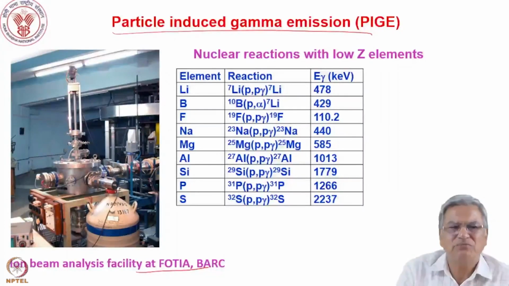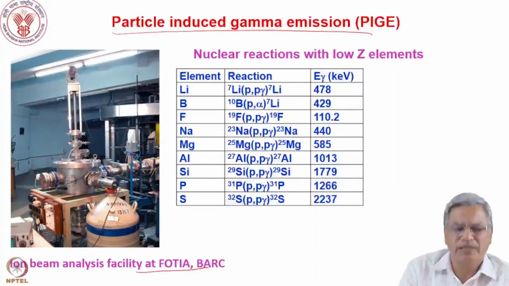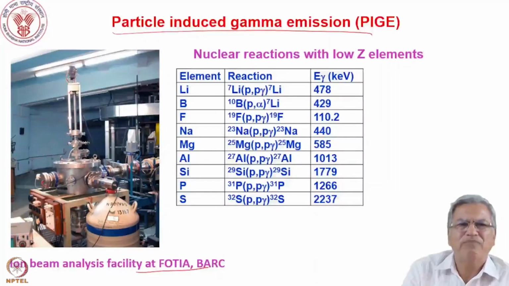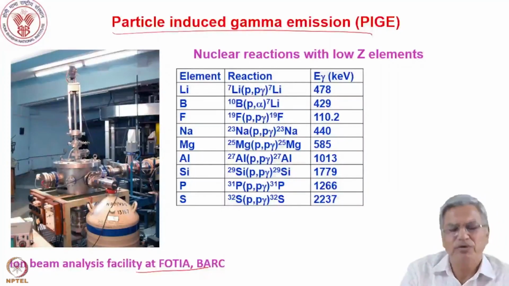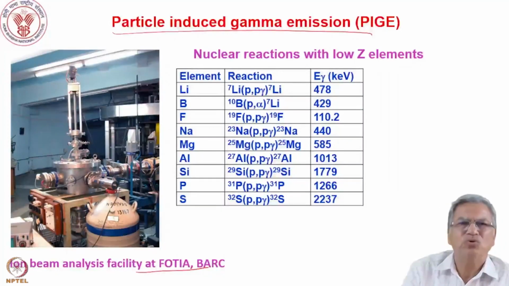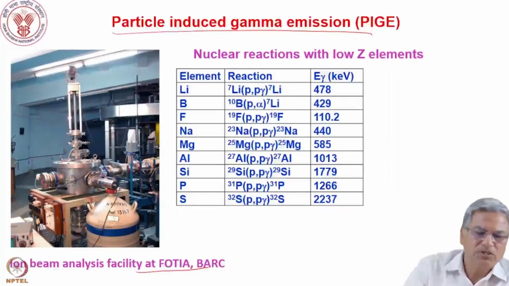It is a 6 million volt terminal tandem accelerator, so you can have 6 plus 1, 1 plus 1, into 6, 12 MeV proton beam. But normally you get a 5 MeV, 6 MeV proton beam, and you can have heavier beams also, carbon, oxygen, and so on. So this is the photograph of the setup.